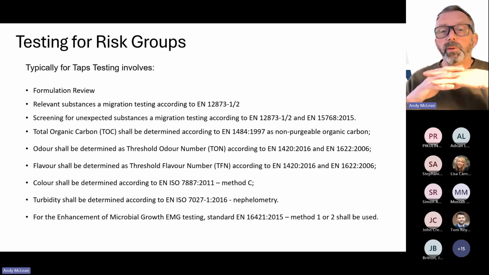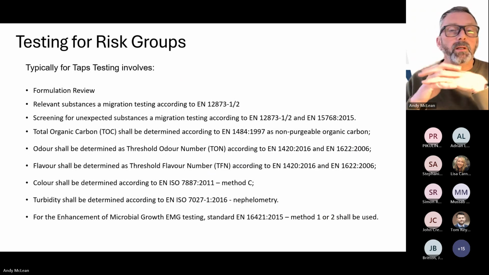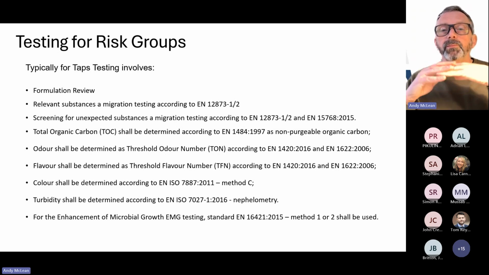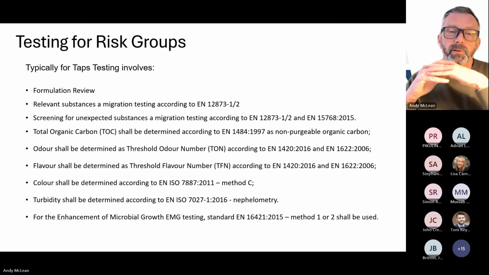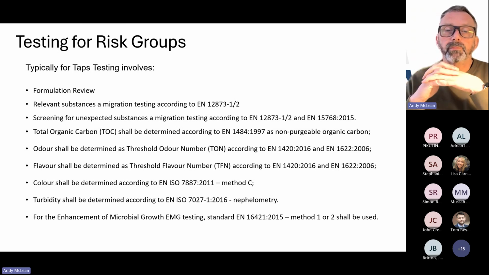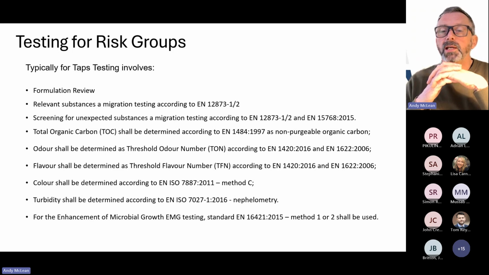Total organic carbon, threshold odor number, threshold flavor number, color, turbidity, and the EMG microbial growth test, as they are. So they are what could possibly be requested of manufacturers to test.